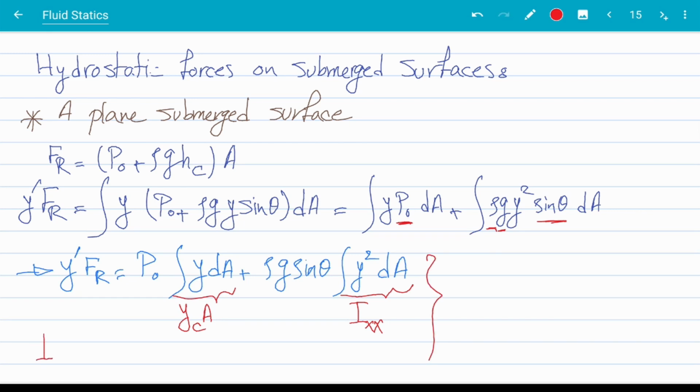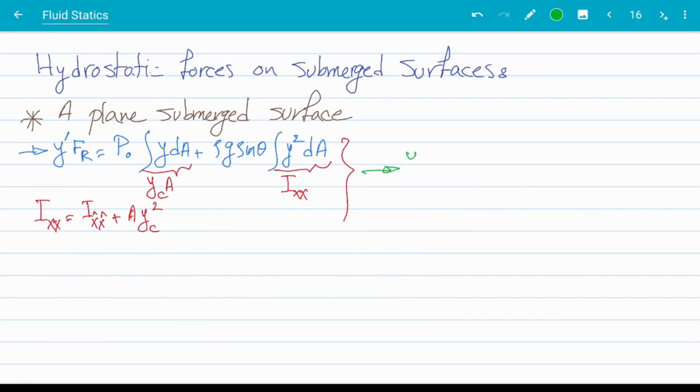Now the theorem states that the second moment of area about the x-axis is equal to the second moment of area about the centroidal x-axis plus area times yc squared. Okay, again, this equation comes from statics. Let's combine these two and see what we can get.